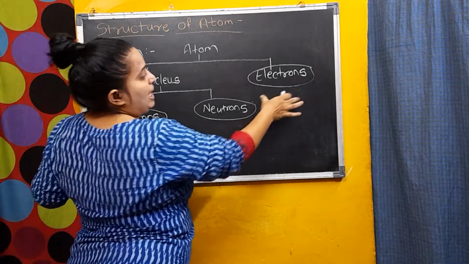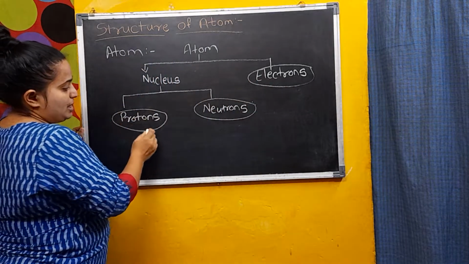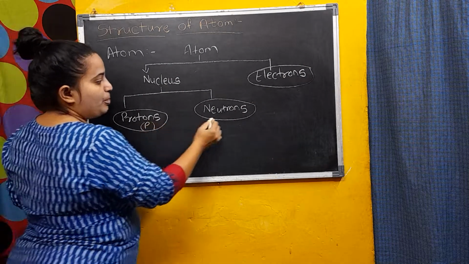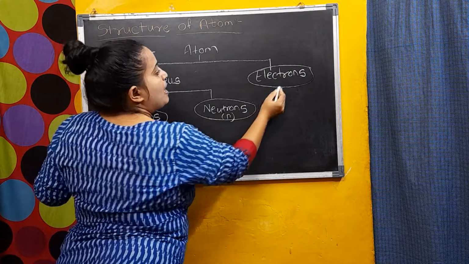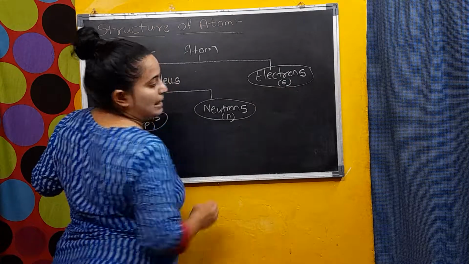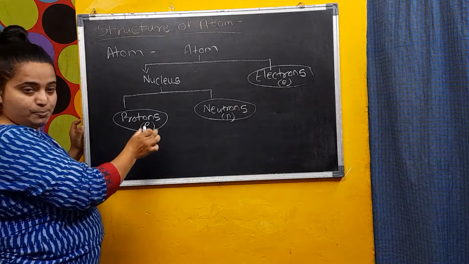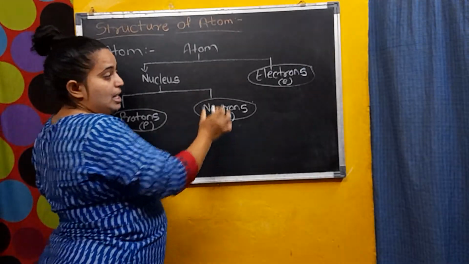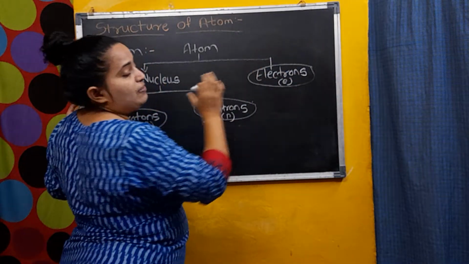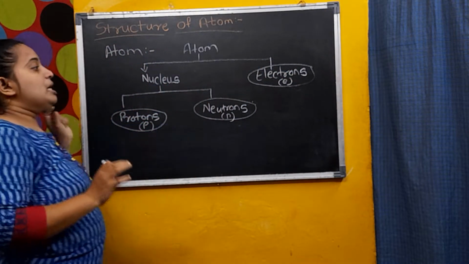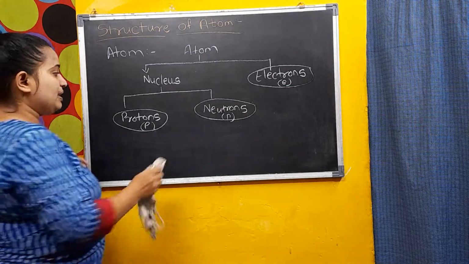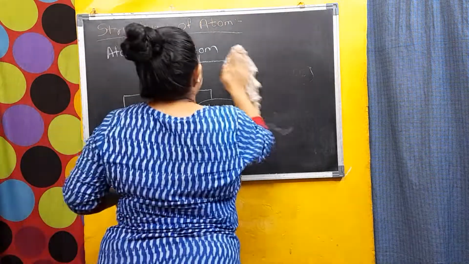Proton, neutron and electron. Proton is represented by P, neutron by N, and electron by E. Protons are always positive, neutrons are neutral, and electrons are negatively charged. Now we will see the structure of an atom.